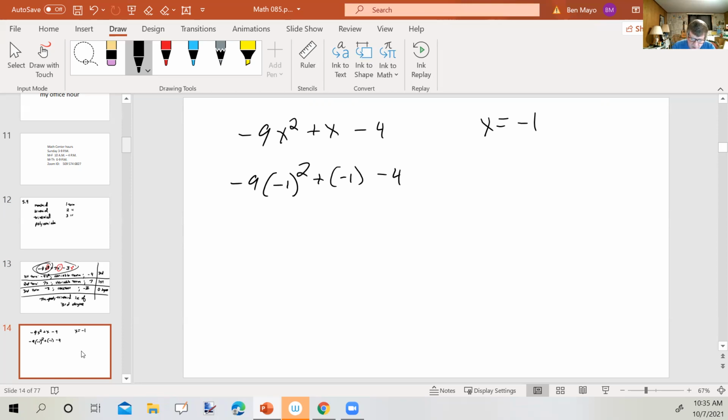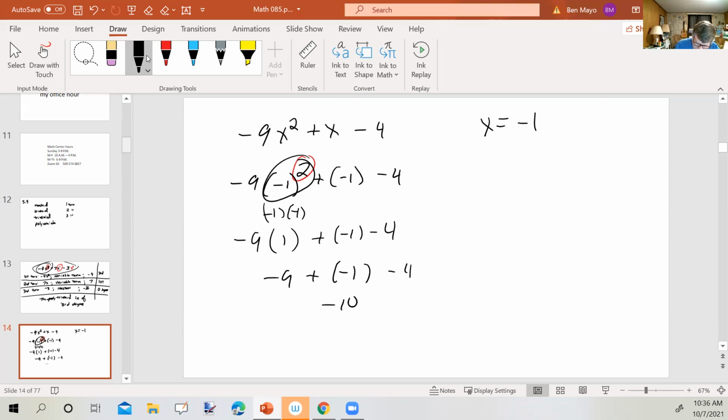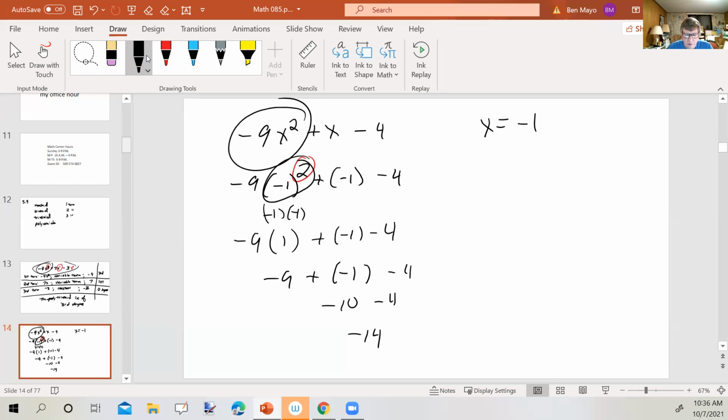Order of operations. You do the exponent first. So -1 times -1 would be a +1. So (-1) squared becomes +1. Excuse me, -9 times 1 plus -1 minus 4, -10 minus 4, -14. So do be careful with the negative signs. Any questions about that situation?